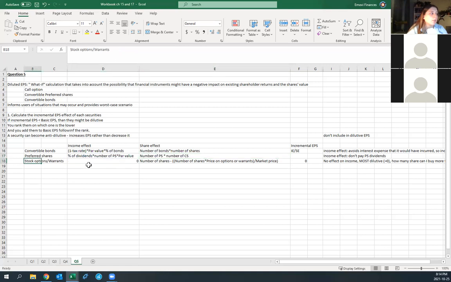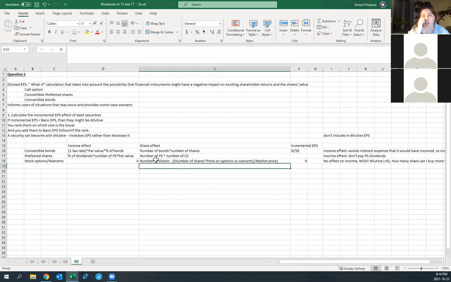For the stock options and warrants, there's no income effect. There's only a share effect. And the share effect is how many more shares was I able to buy with the price that I got on my stock options or warrants. So how you're going to find that is whatever number of shares that were on your option minus the same amount of shares times the price on the option or warrants divided by the market price.